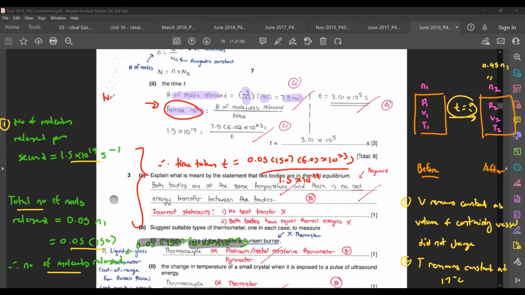Release rate relates to the number of molecules released per unit time, which would be the number of molecules released divided by time. So just sub in your values and you get the answer. So T is 3.01 times 10 power 5.